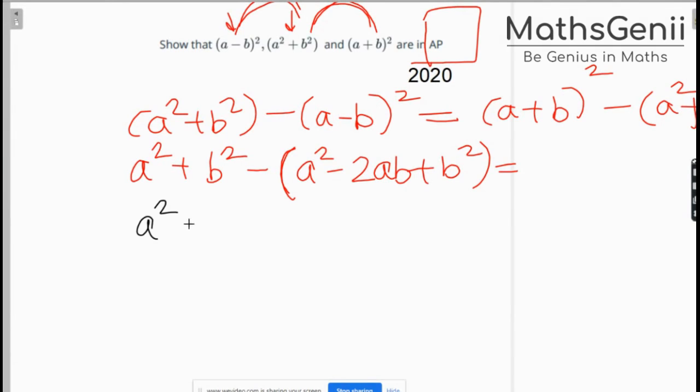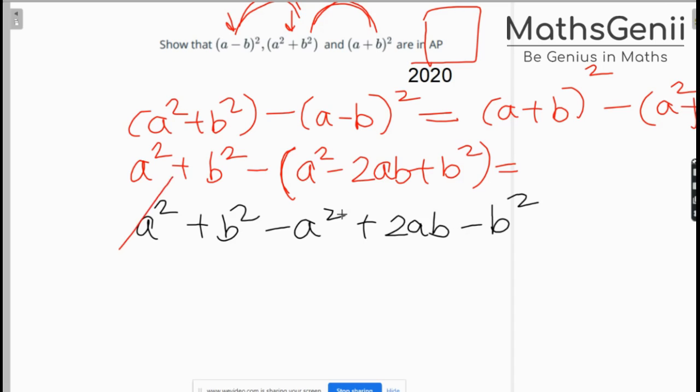Then a square plus b square. Minus sign goes inside, changes all the signs. Minus sign becomes plus sign and plus sign becomes minus sign. So now plus a square minus a square cancel. Plus b square minus b square cancel. Remains 2ab.